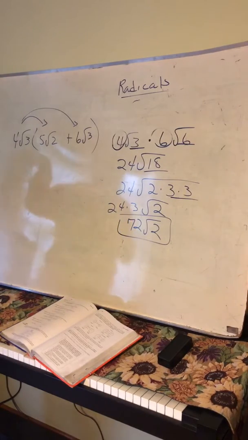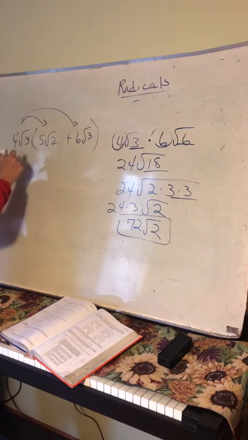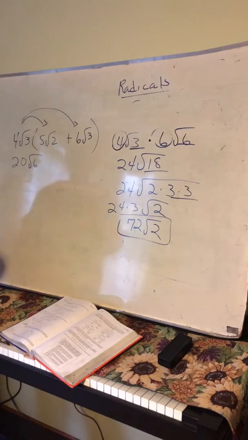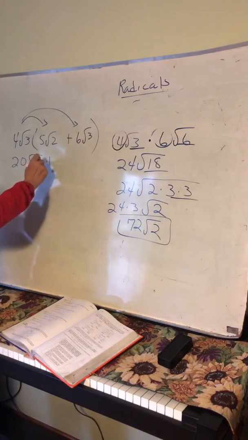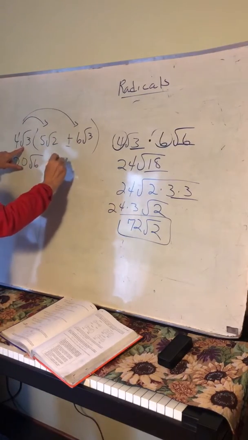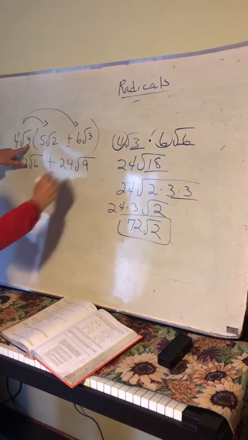Don't try to shortcut. Just go ahead and do your whole number, 4 times 5, 20. 3 times 2, square root of 6. Plus 4 times 6, 24. 3 times 3, this is 9.